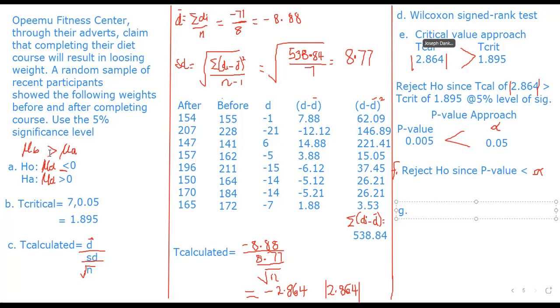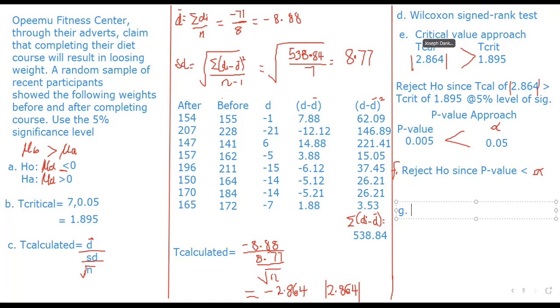It means they really lost weight. But with the H0, they are saying that the participants did not lose weight because the before was not greater than the after. It was less than or equal to the after. It means they did not lose weight. And the decision is telling us we should reject H0. So it means we are going for HA. Do you get what I'm trying to say? Yes, I get you. So since H0 is rejected, participants lost weight. That'll be your conclusion.